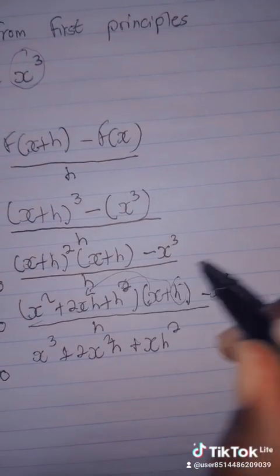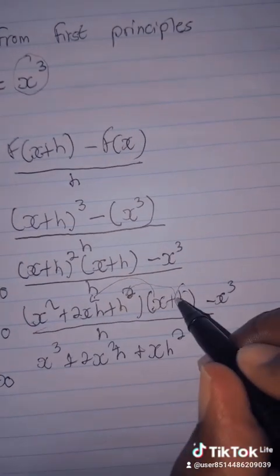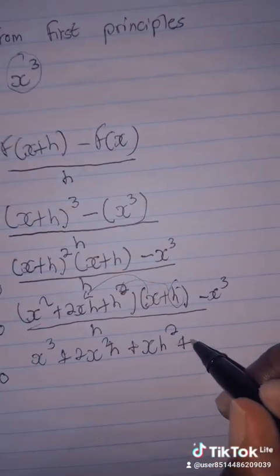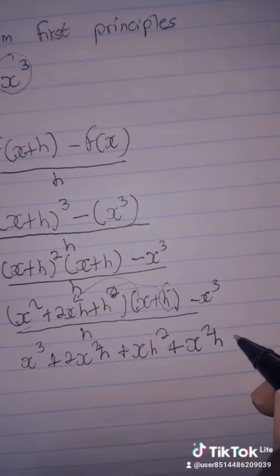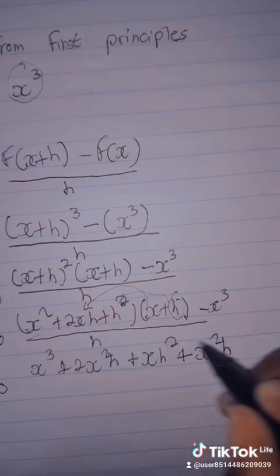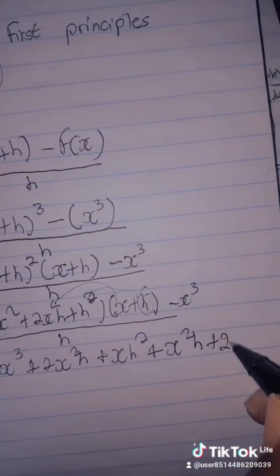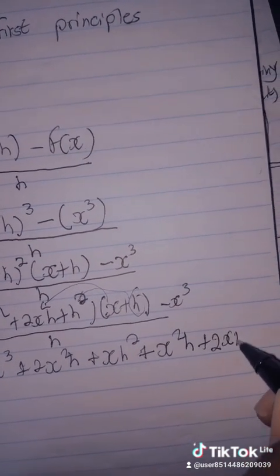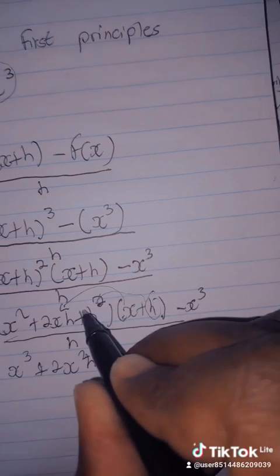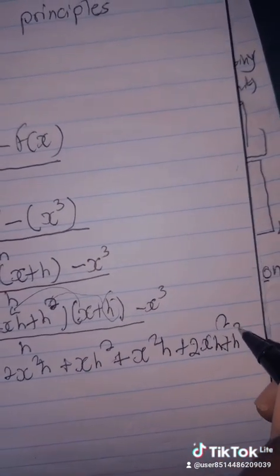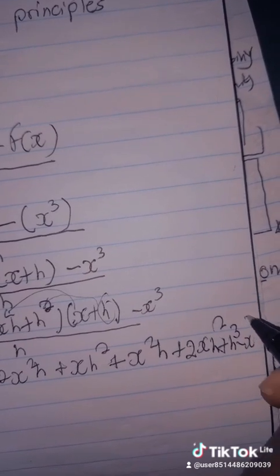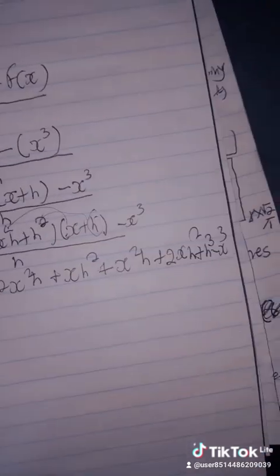H will multiply this bracket again. H multiplied by x is x squared h. Then h multiplied by 2x is 2xh squared. H multiplied by h squared is h cube, minus x cube.